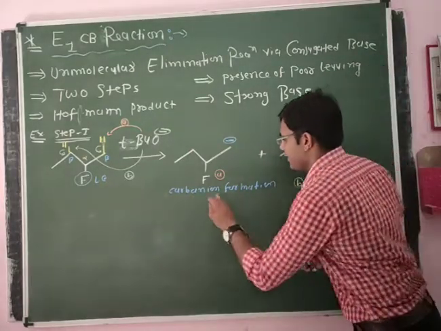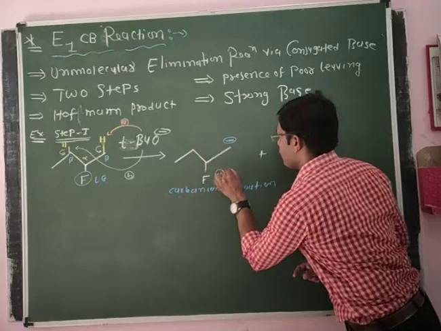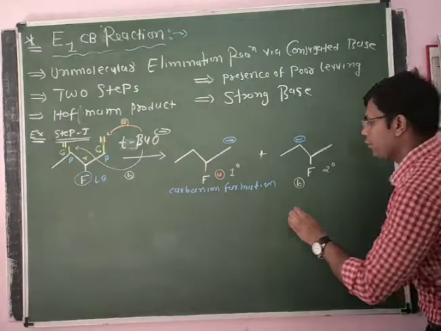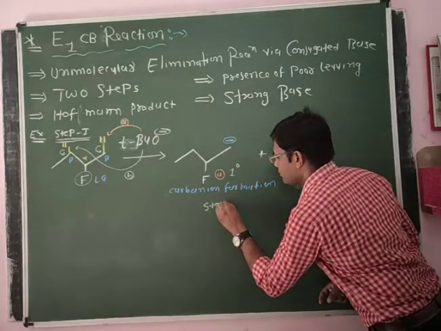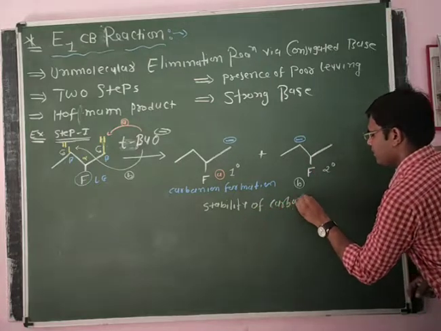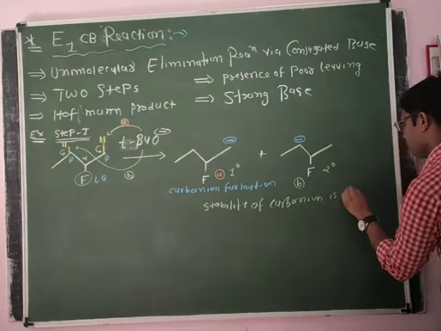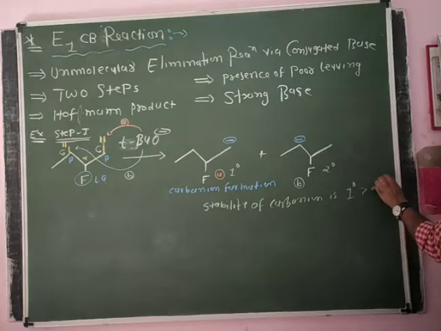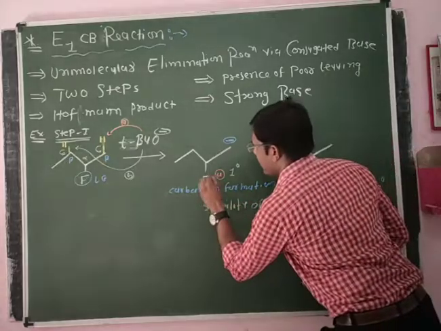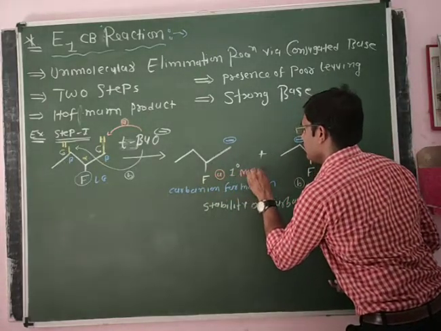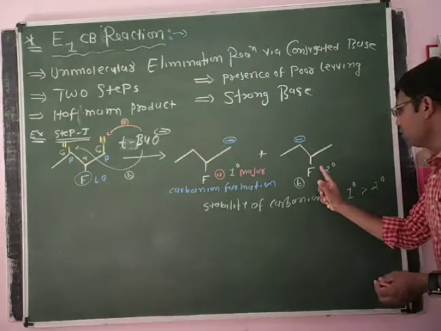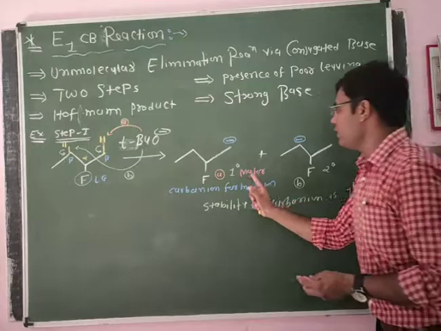So this carbanion is 1 degree terminal, and this one is 2 degree. So this one is our major, it is the more stable carbanion, and this one is the least stable carbanion. So this one is our major.